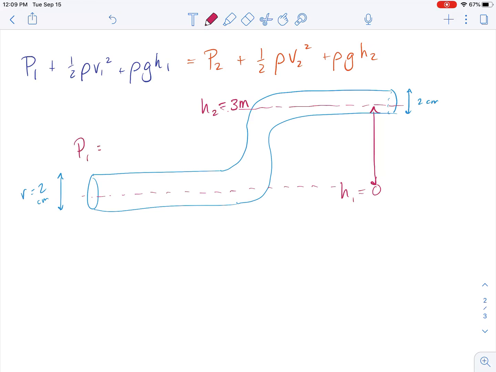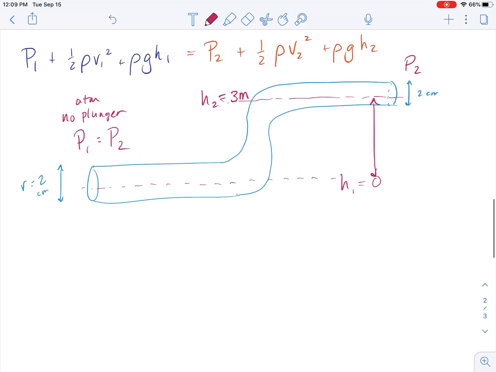So the pressure over here is equal to the external pressure over here. We're going to say that P1 equals P2. In other words, there's no plunger. Maybe it's atmospheric pressure, but these two things, P1 and P2, are the same. And so when I ultimately solve this, I'm going to be able to cancel them out.